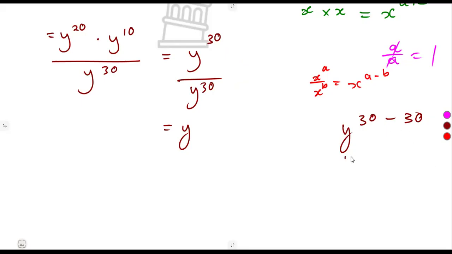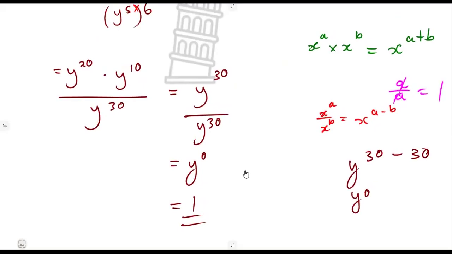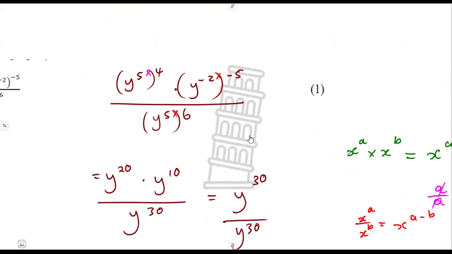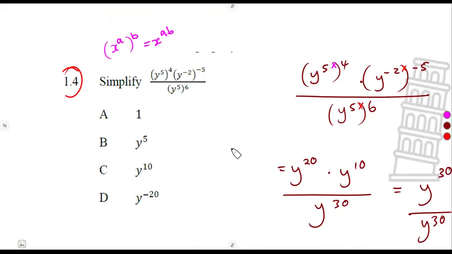So 30 minus 30 is what? That's a 0. So we know any number to the exponent of 0 is what? A 1. As we can see, canceling that to get a 1 using the laws of exponents, we still get the same answer. So the answer in this case was going to be 1, which is on A.